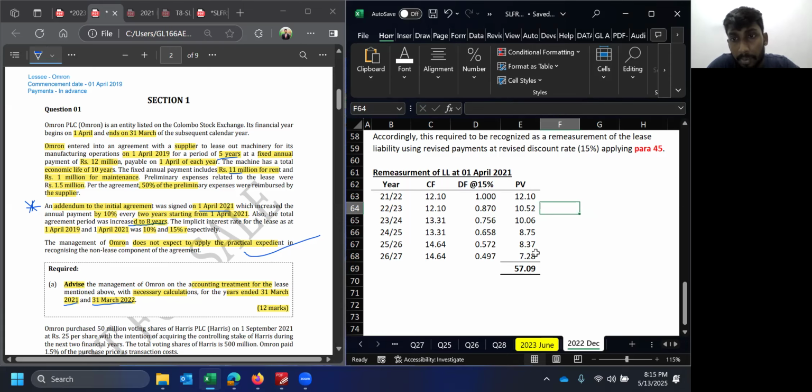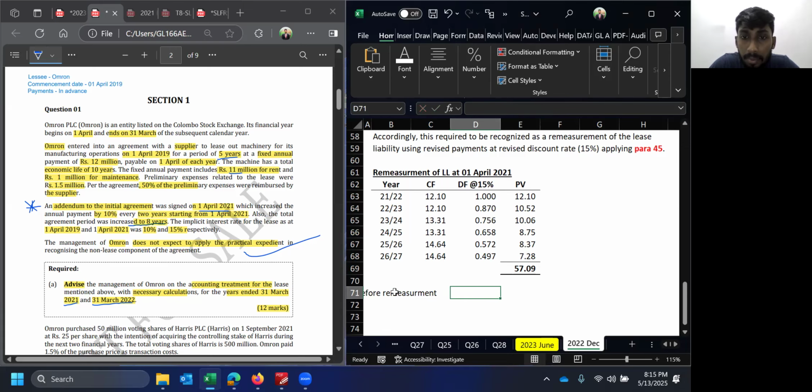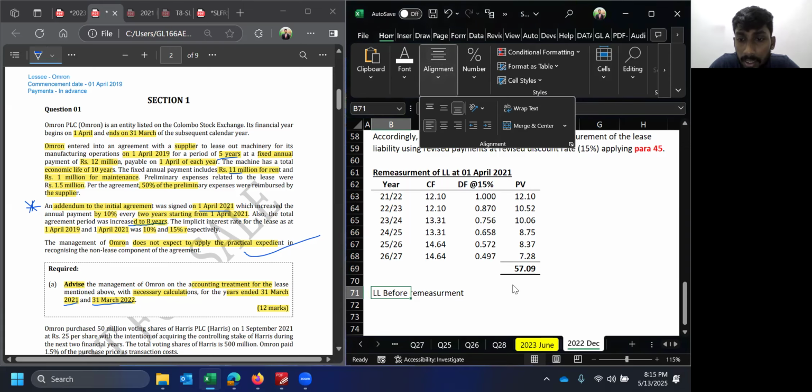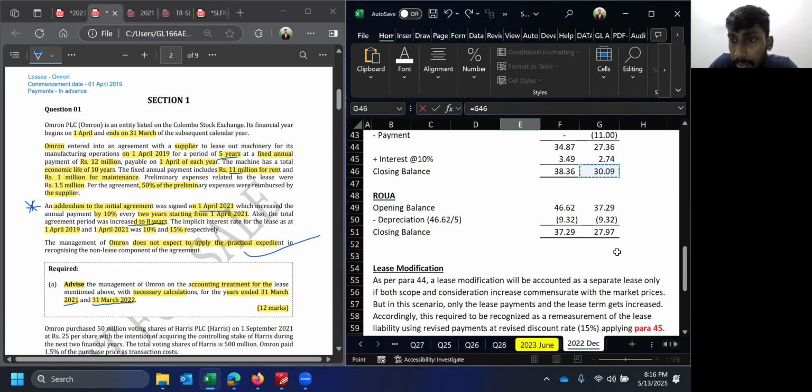So now we have remeasured the lease liability. Now we need to get the impact. Lease liability before remeasurement, we calculated, right? It was 30.09.